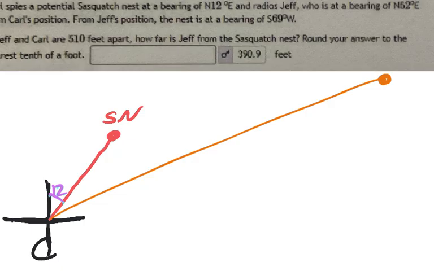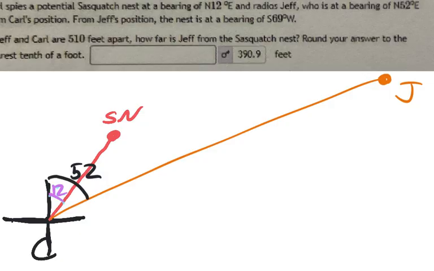Out here is Jeff, and he is 52 degrees east of north. So I went back to the north again. Everybody's on board.